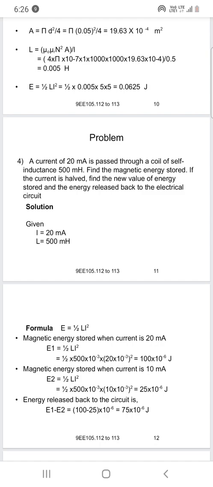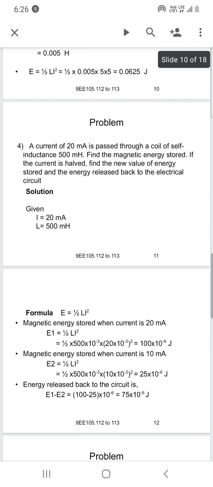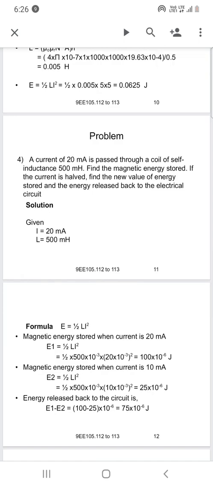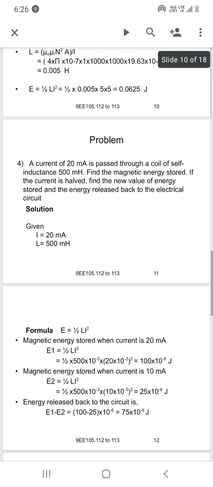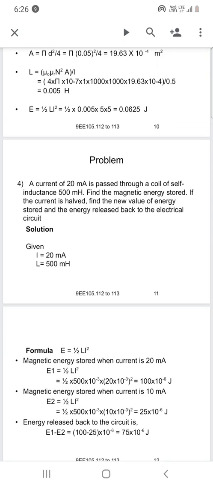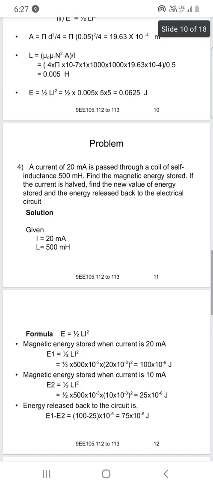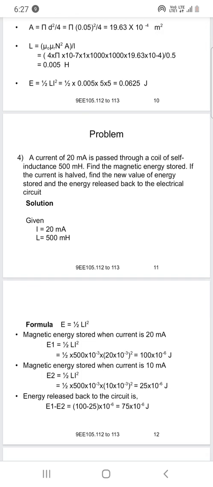So here, half into 0.005 into 5 into 5, that is the I squared. Then we will get the energy stored in the magnetic field. The energy stored in the magnetic field is equal to 0.0625 joules. So this is the energy stored in the magnetic field.